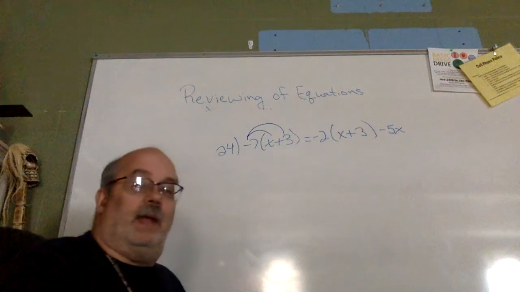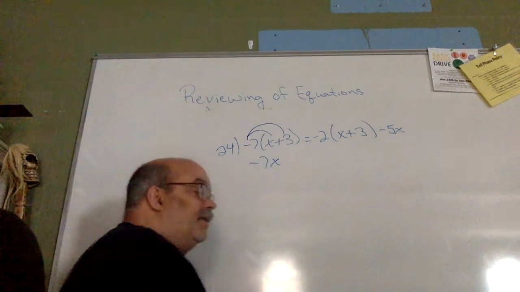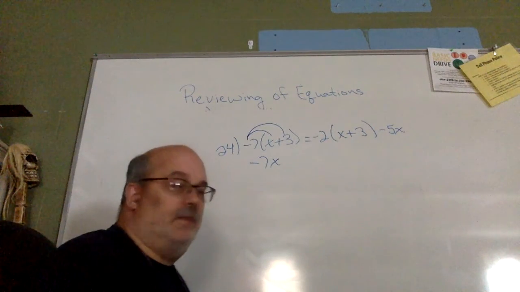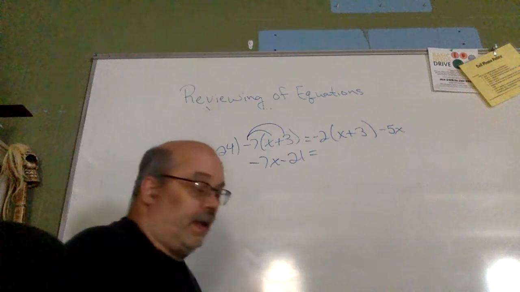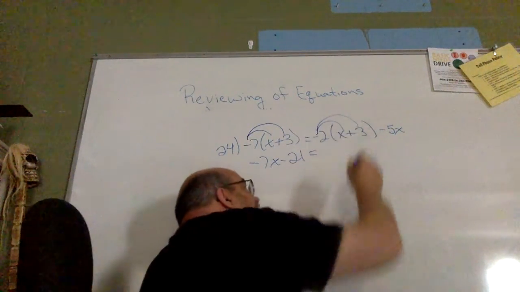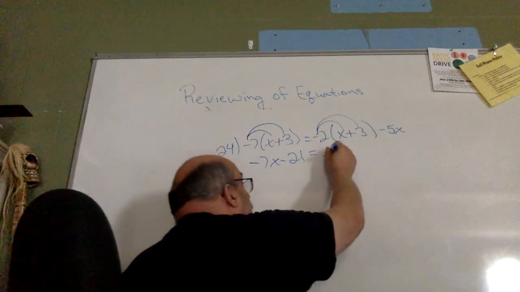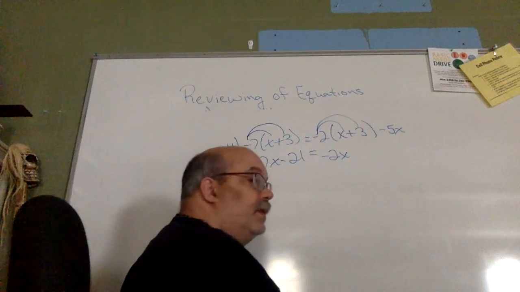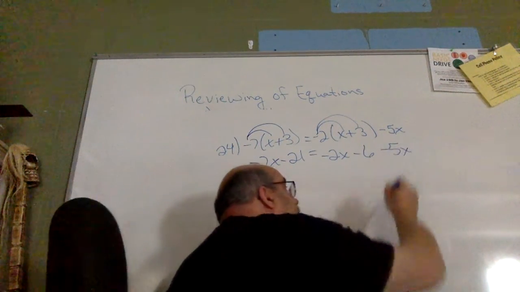So in the first one, we got negative 7 times x, so negative 7x, negative 7 times 3, negative 21. In the second one, negative 2 times x, which gives us negative 2x. Negative 2 times 3, negative 6, and a minus 5x.